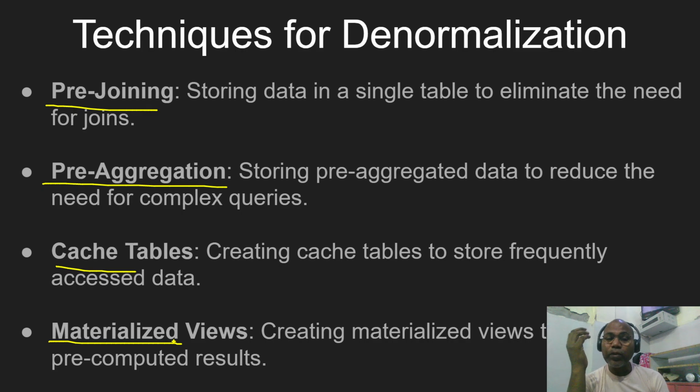Sometimes the objective of denormalization is to improve data read performance, so caching is also very important. Here we can use cache tables for frequently accessed data that is read by requests, and we can also create some materialized views.